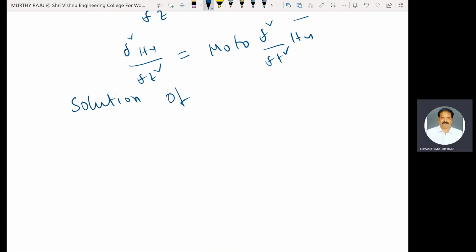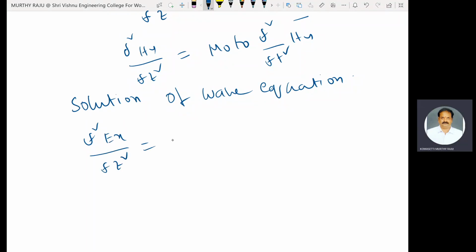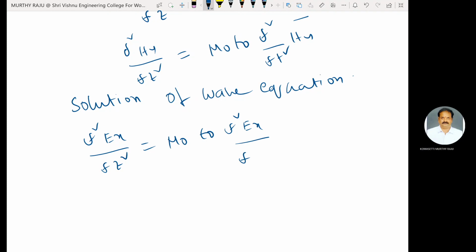Solution of wave equation: uniform plane wave traveling in z direction in free space. Therefore, dou square Ex by dou z square is equal to mu naught epsilon naught dou square Ex by dou t square.